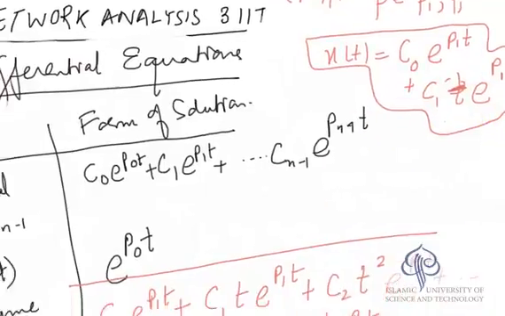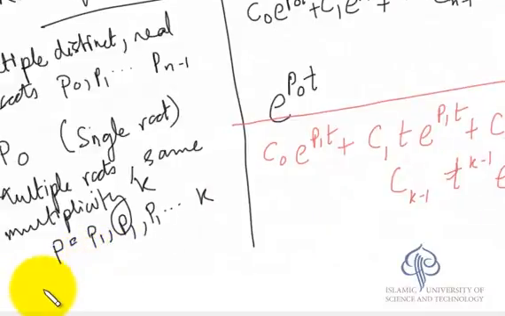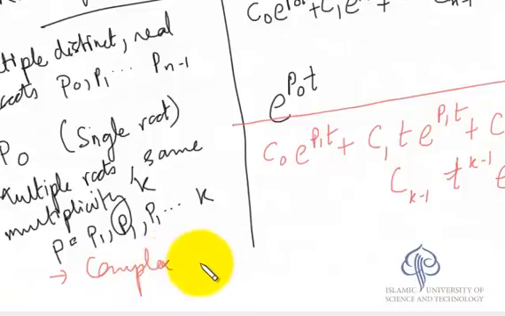In case you have complex roots, sigma plus j omega and sigma minus j omega. Complex roots will always occur in complex conjugate pairs because the coefficients a0, a1 up to a(n minus 1) are real. So the complex root, if it occurs, will be sigma plus j omega and sigma minus j omega.